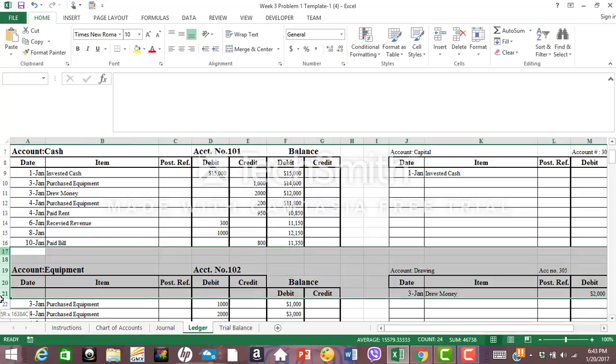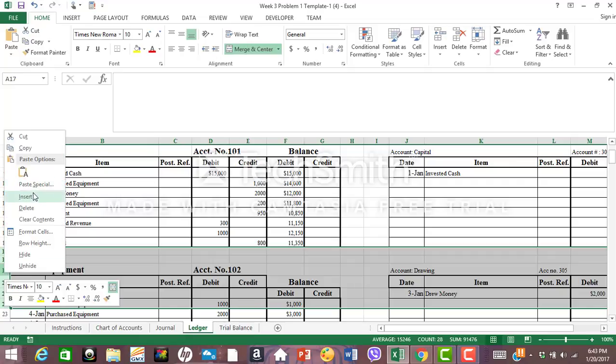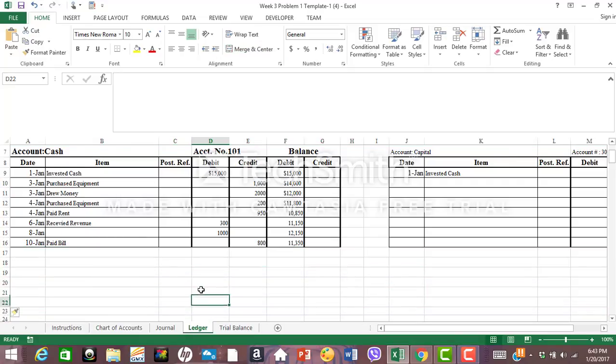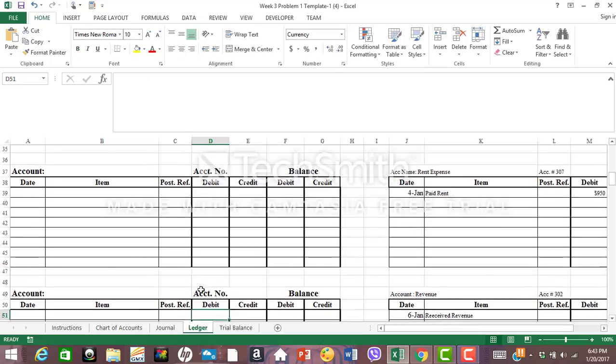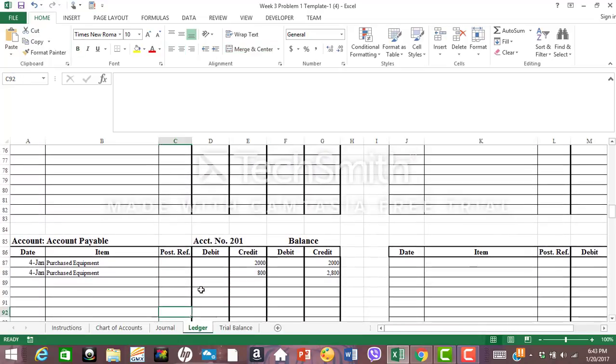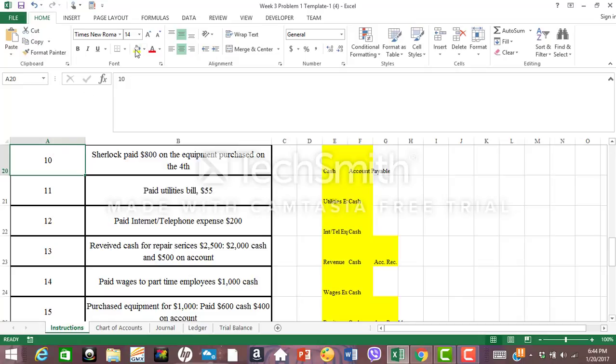What I'm going to do is add a couple of lines here because I do believe that we're going to add a lot more stuff under cash. All right, and then accounts payable, which is all the way down here. Okay, January 10th, paid loan, and they paid $800 worth of loan, so I debit $800. My new balance is still credit $2,800 minus the debit over here, $2,000. I go back. Now we are done with this transaction.